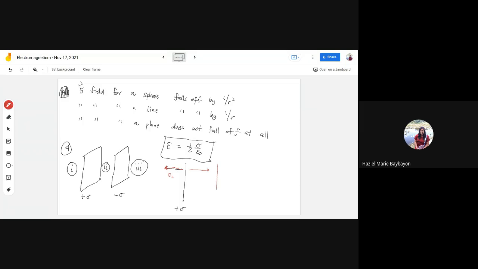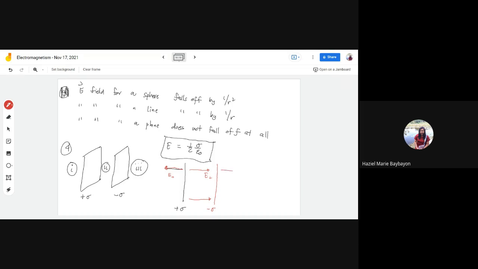And then kung negatively charged nga plate, ang iyang electric field is pointing into it. So this is the electric field of the positive charge plate. Take note nga di siya mag-fall off.